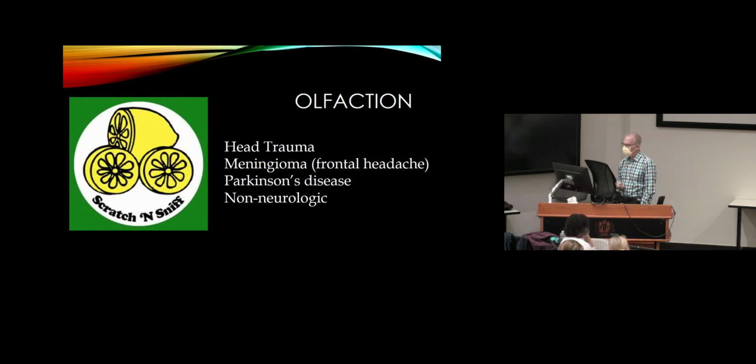We'd want to think about certainly doing a brain scan in that setting to look for a meningioma right in that location. Very interestingly, more than 90% of patients with Parkinson's disease have loss of smell, and that will often predate the Parkinson's by many years. So there are some interesting ideas about why that may occur. We'll talk about it in the Parkinson's lecture.